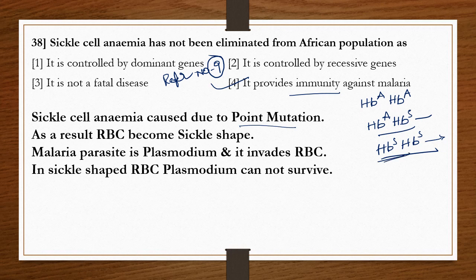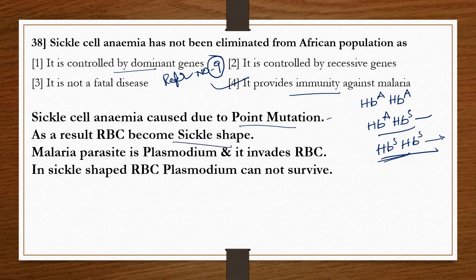The first option says dominant gene, but it is recessive. It is an autosomal recessive disease. When the point mutation occurs, the RBCs become sickle shaped.